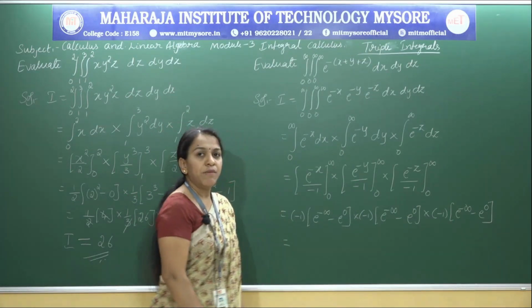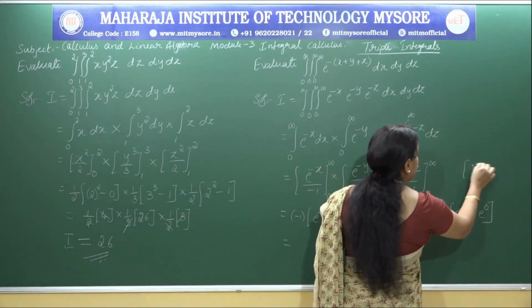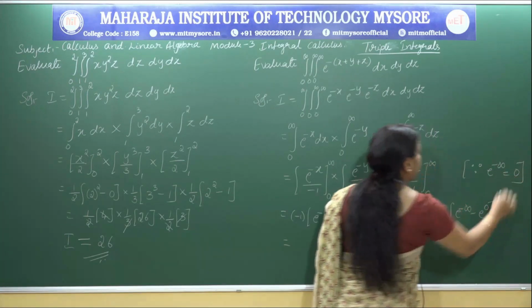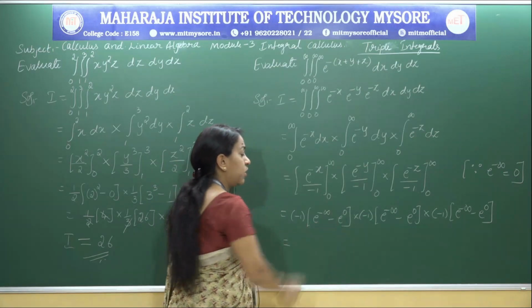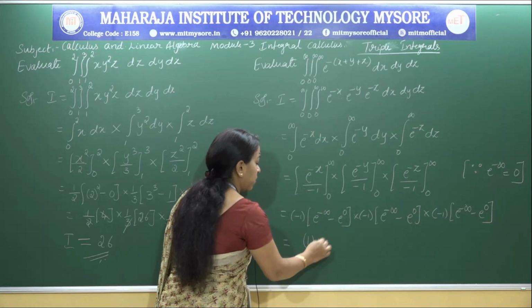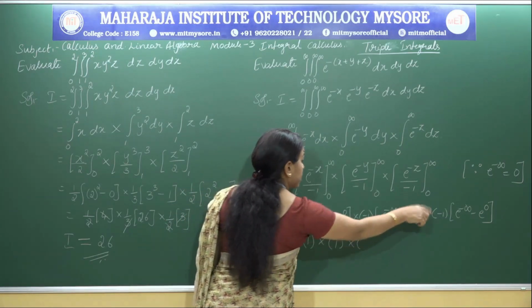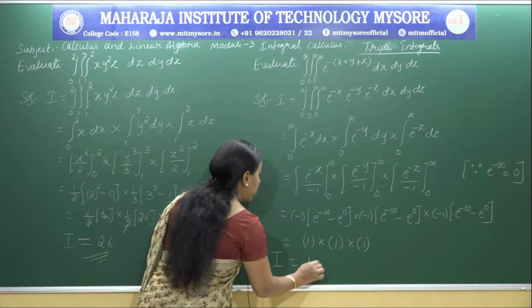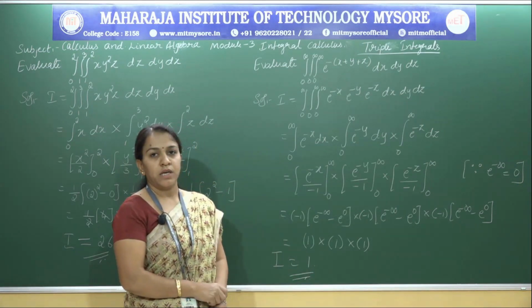We know that e power minus infinity value is 0 and e power 0 value is 1. So minus of minus becomes plus 1, into again the same thing plus 1, into minus of minus 1 is plus 1. So the result is 1. So the evaluated result of the given triple integral is 1.